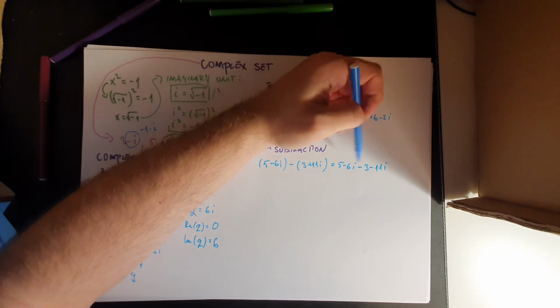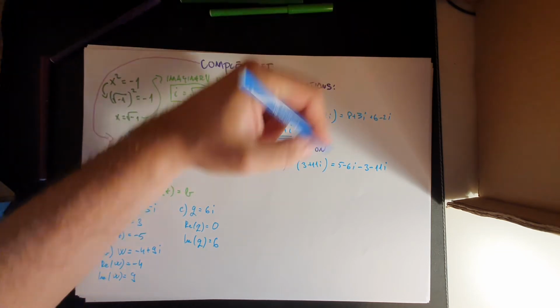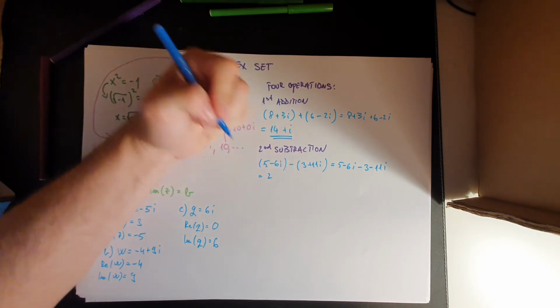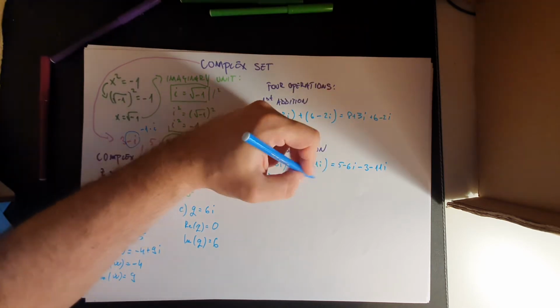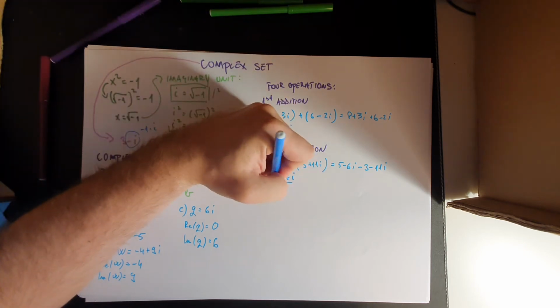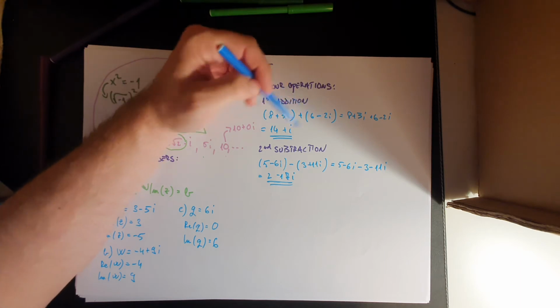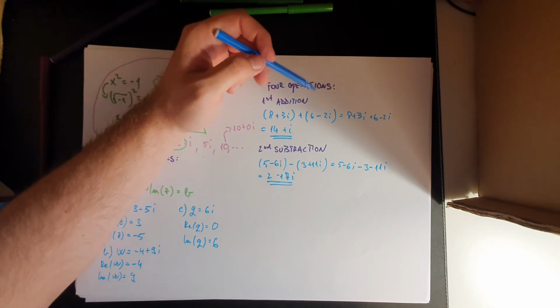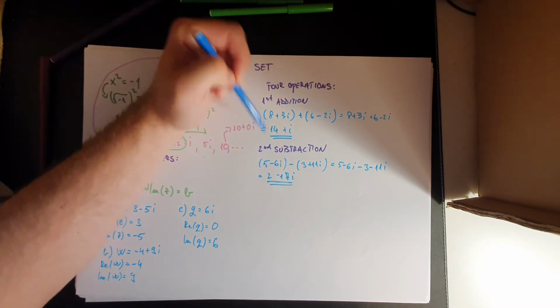Now, I'm going to subtract 3 from 5 because they are both real. So 5 minus 3 is equal to 2. Imaginary with imaginary, minus 6 minus 11 is minus 17i. And we got as a result, again, a complex number. So we started with complex numbers, we either added or subtracted them, and we got as a result again a complex number.